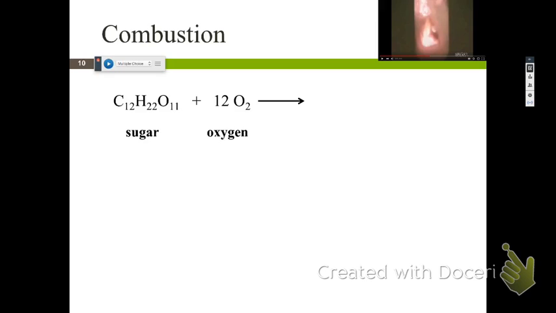So, if we have this reaction, we have a sugar combining with oxygen. Do you guys remember what the products are? Carbon dioxide and water. And we're not worried too much about balancing those yet. We'll be spending some time next week on that.